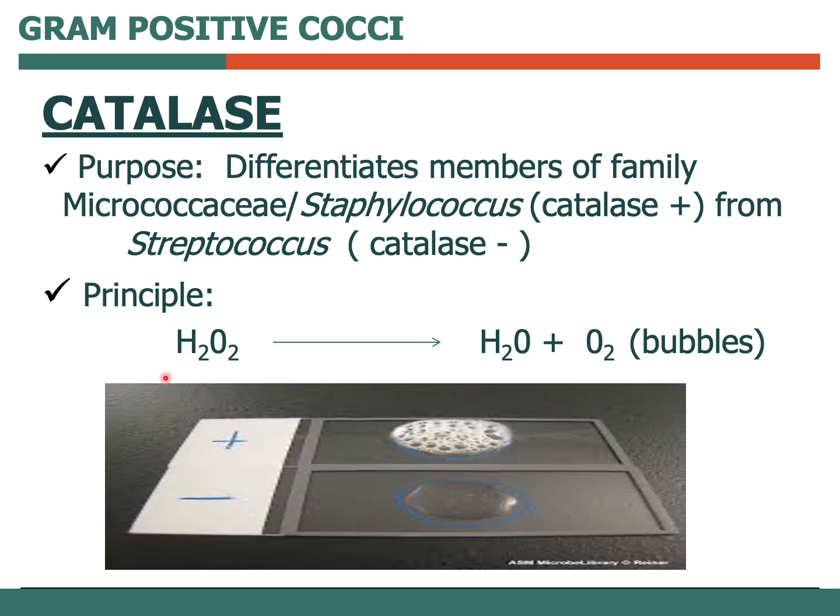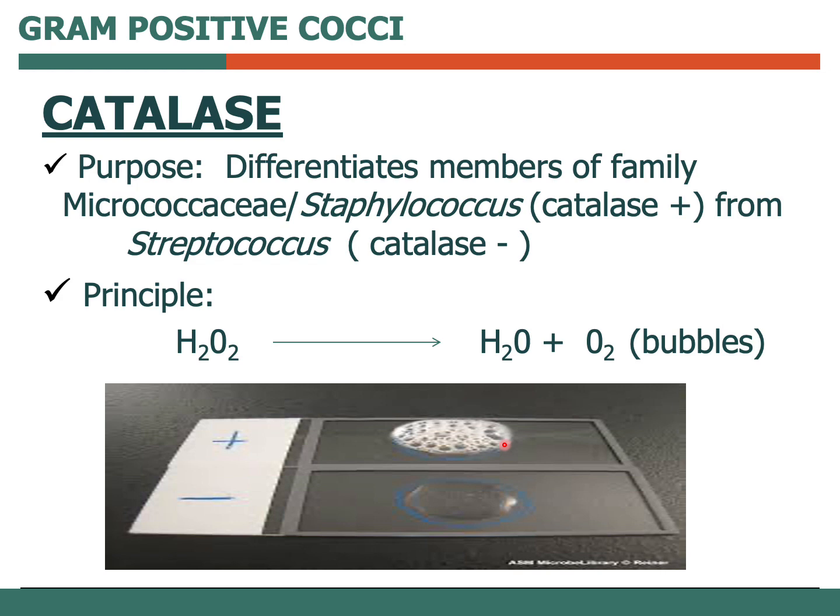that the main reagent here is hydrogen peroxide, which you add to a small amount of bacterial growth. For the procedure, you add a drop of 3% H2O2 solution on a sterile glass slide and add a small amount of bacterial growth from your culture medium.